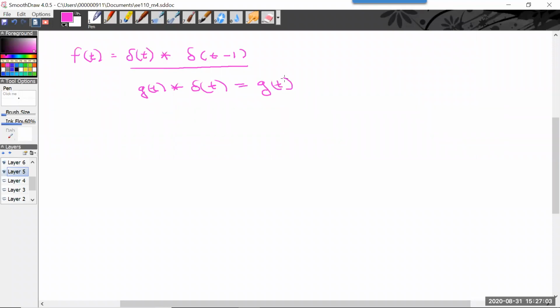So in this case, I'm convolving a delta function with a delta function, so I'm going to get a delta function.